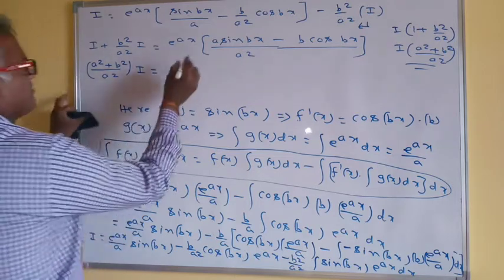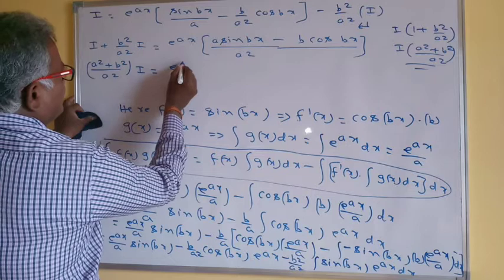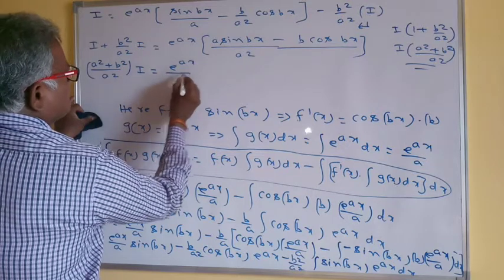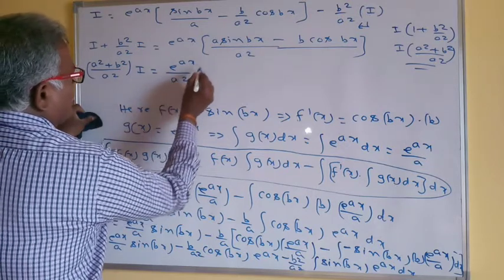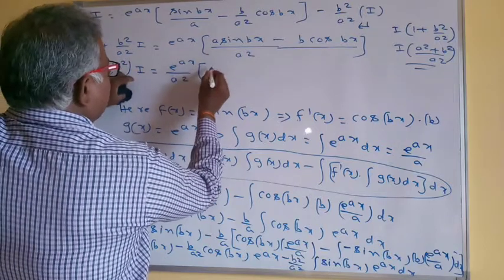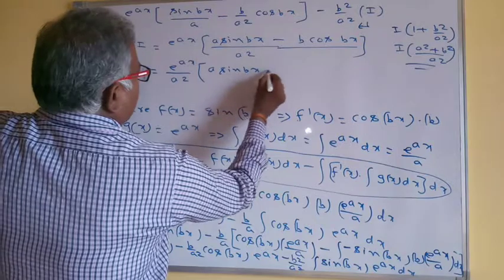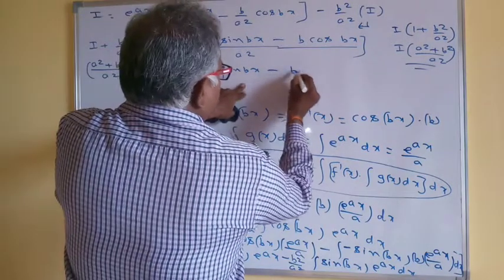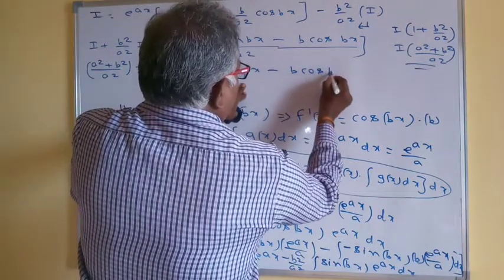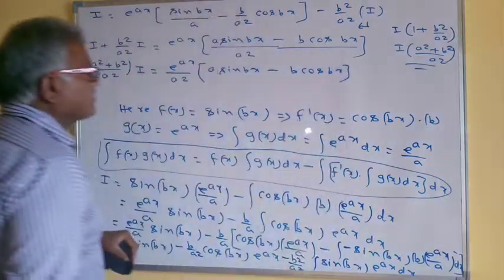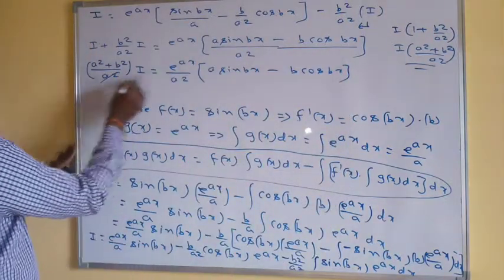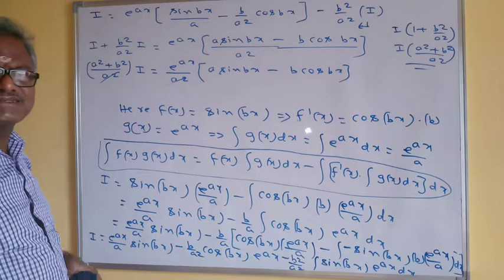Is equal to e power ax by a square into a sin bx minus b cos bx. Okay, so a square gets cancelled.